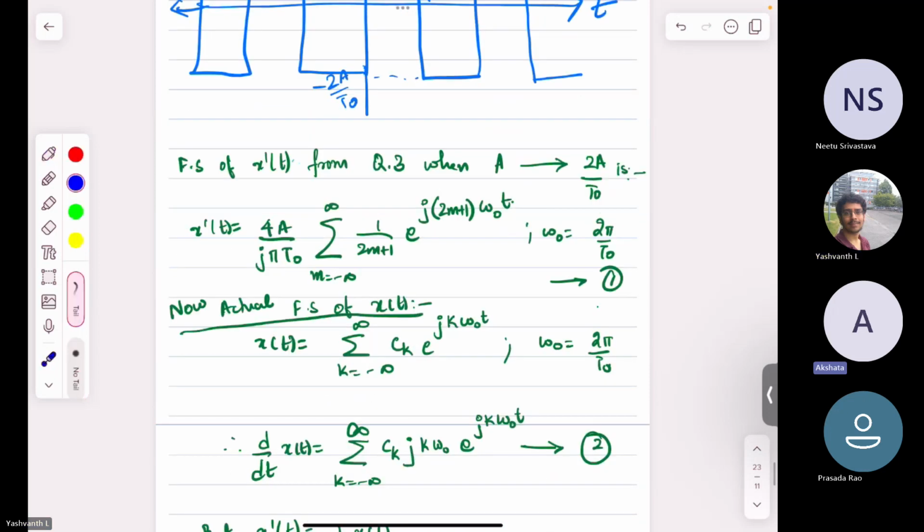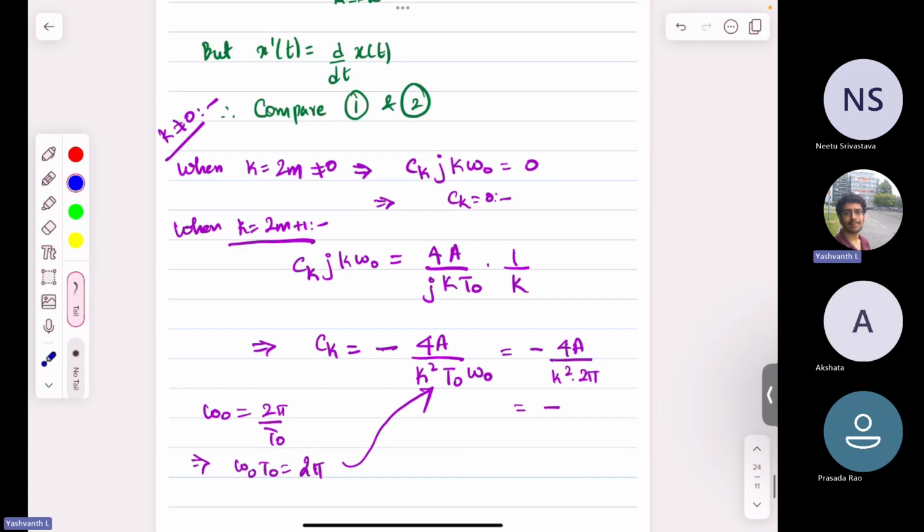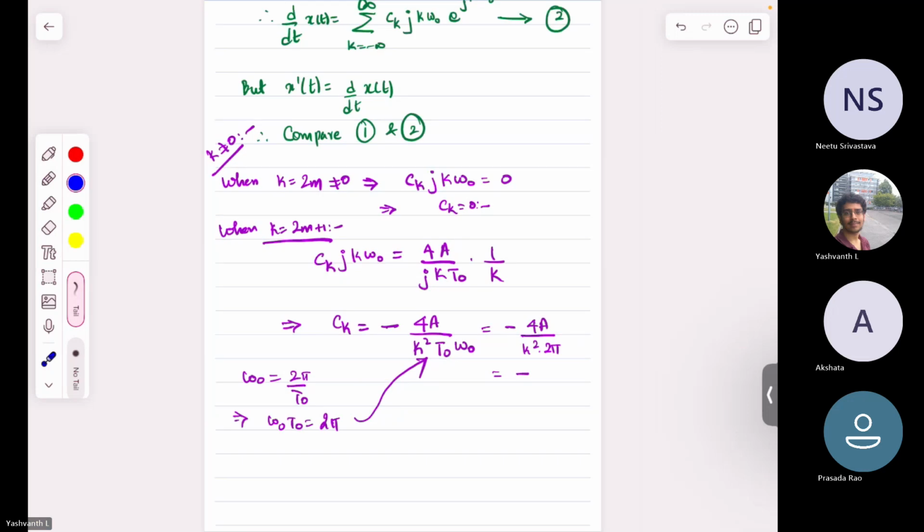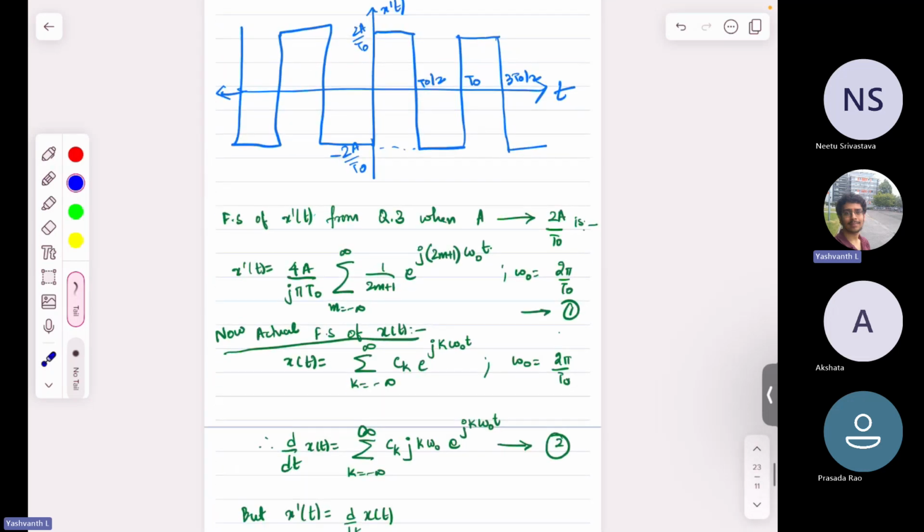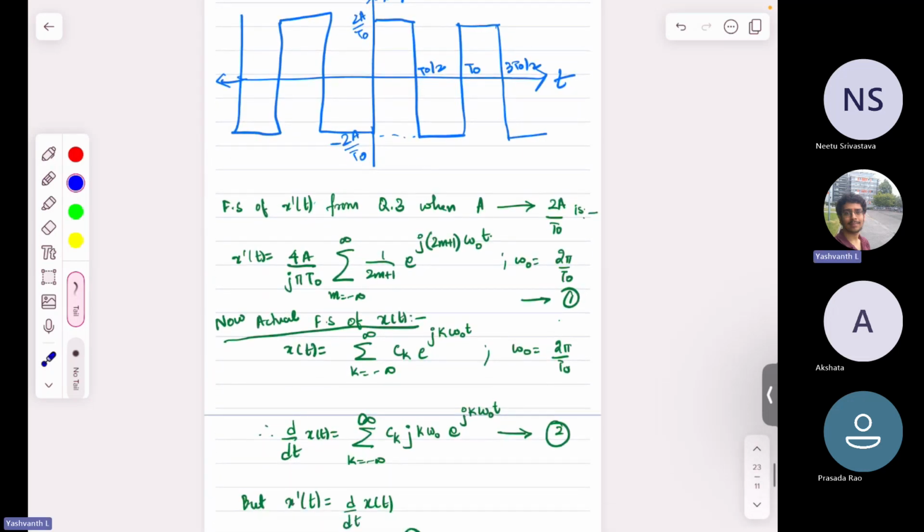Sir, in ck, you have the j term. See, what I'm comparing is the coefficient of e power in both 1 and 2 for k equal to odd. So the coefficient is nothing but 4a by j pi t naught into 1 by 2m plus 1, and here it is ck into jk omega naught.